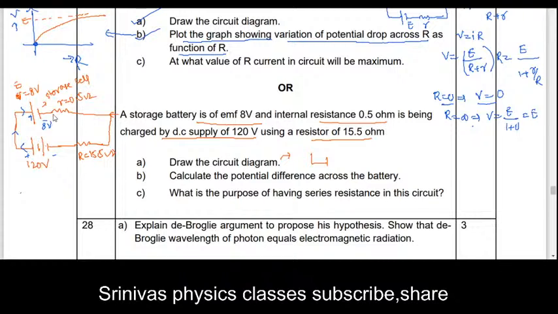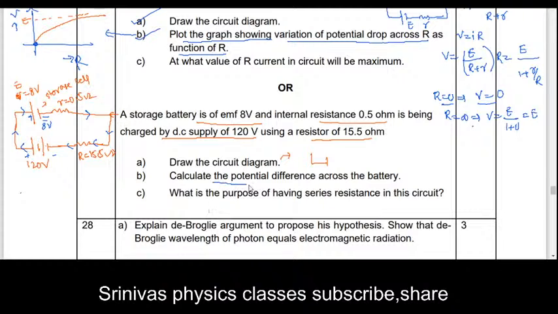Generally current leaves from the positive terminal, but here it enters the storage cell. Current flows from the high voltage cell to the low voltage cell, which means the low voltage cell is charging.